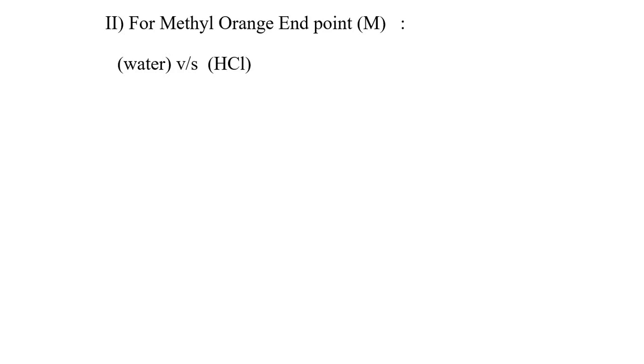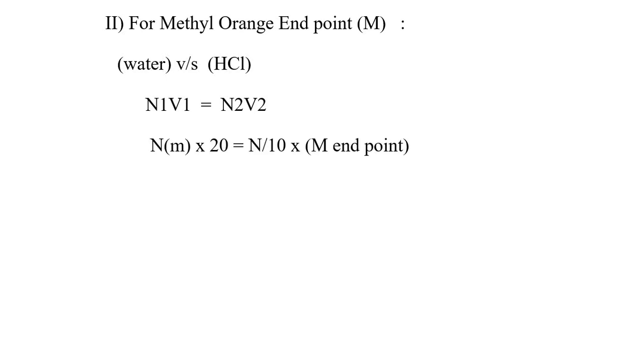Now the second calculation is for the methyl orange endpoint, that is M. Again water versus HCl titration. Again here N1V1 = N2V2. Now this N is for the methyl orange endpoint multiplied by 20. This 20 is the 20 ml water sample we have taken.